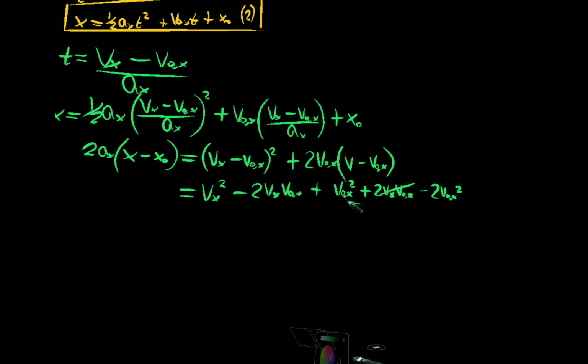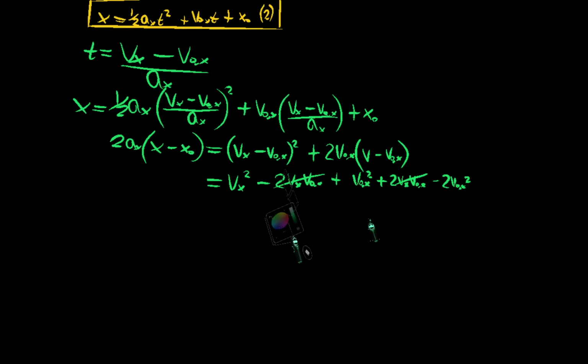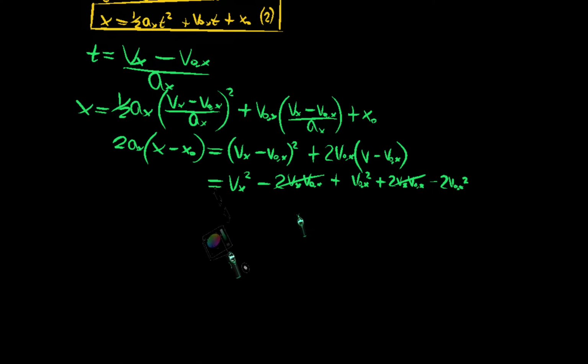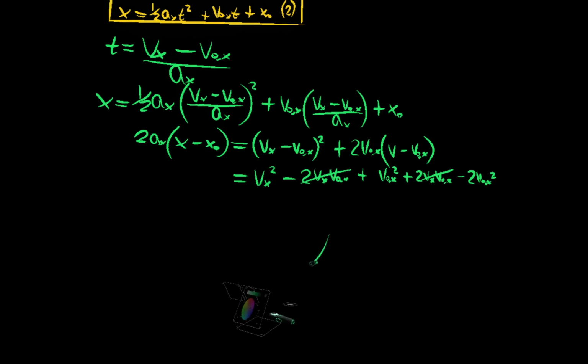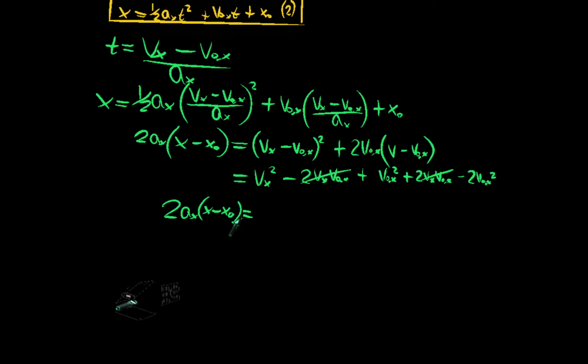And this cancels with that, and we are left with, on the left side, 2a x, x minus x naught. And on the right side, we have very simply vx squared minus v naught x squared.